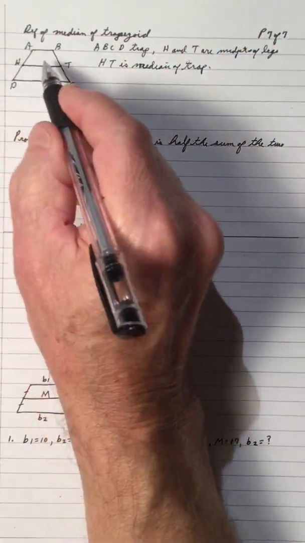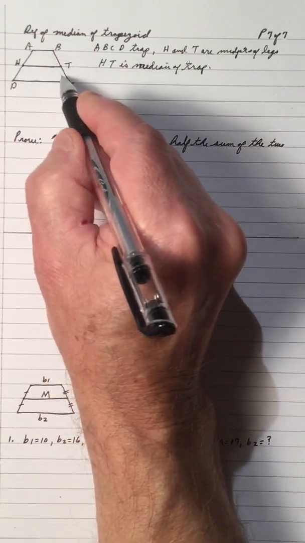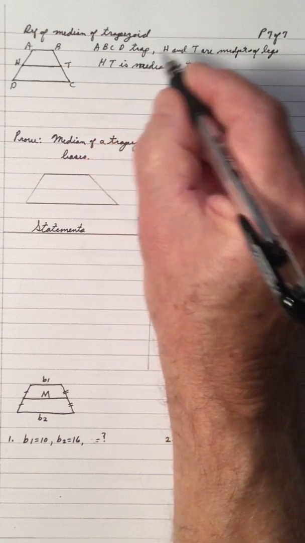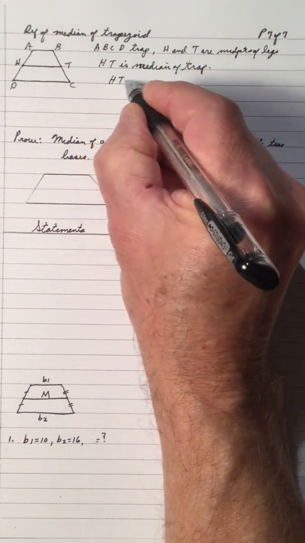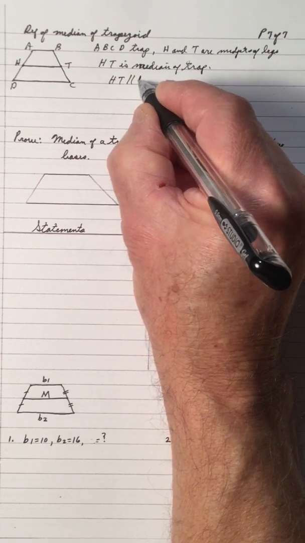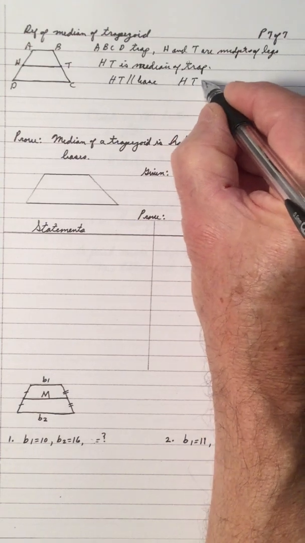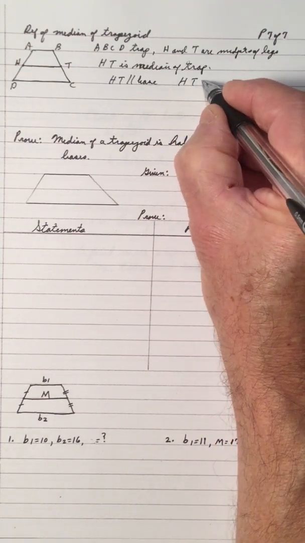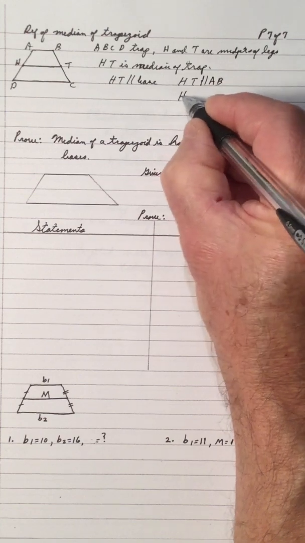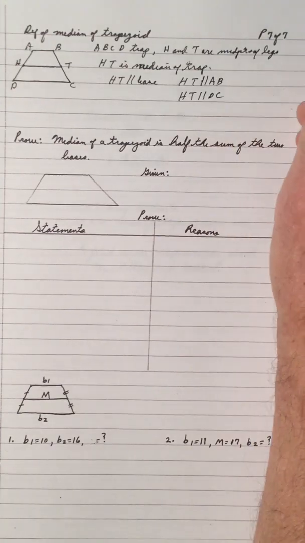So the median is a segment joining the 2 midpoints of the legs. And also the median, that means that HT is also parallel to the bases. So HT is parallel to AB, and HT is parallel to DC.